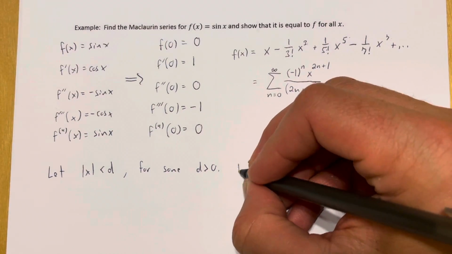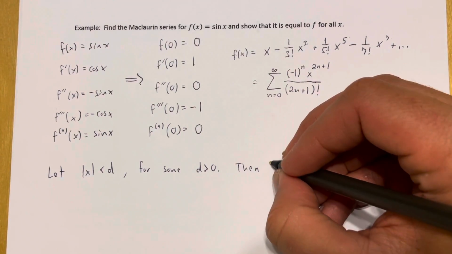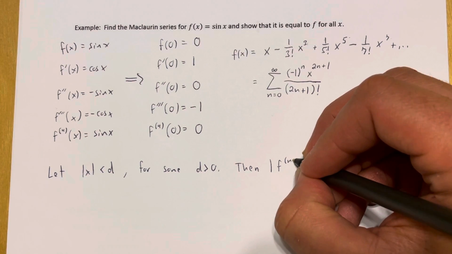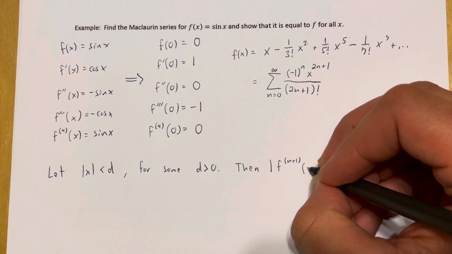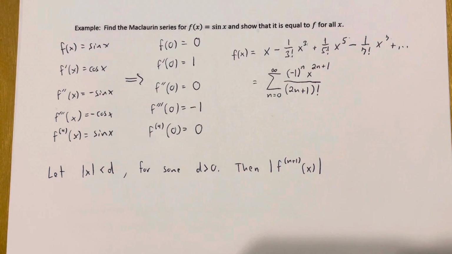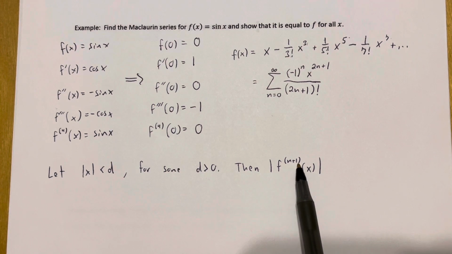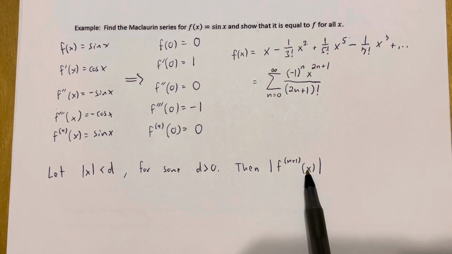Now, remember, Taylor's inequality says that we're looking at some upper bound on the absolute value of the n plus 1th derivative of f of x.